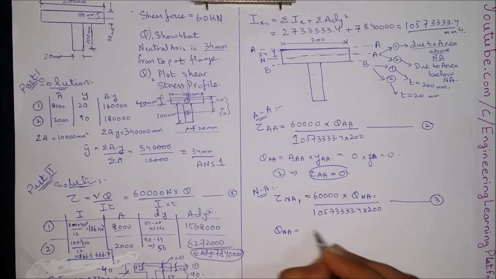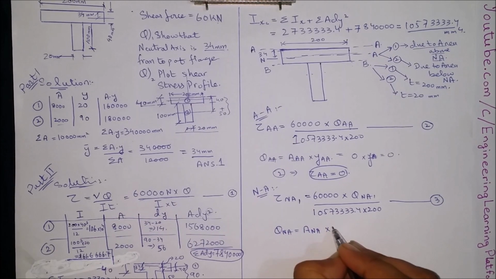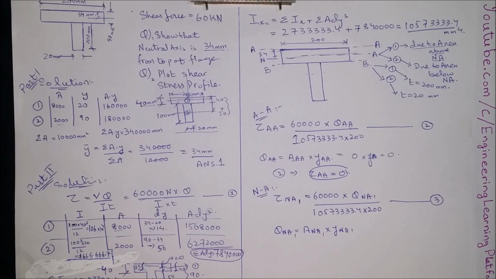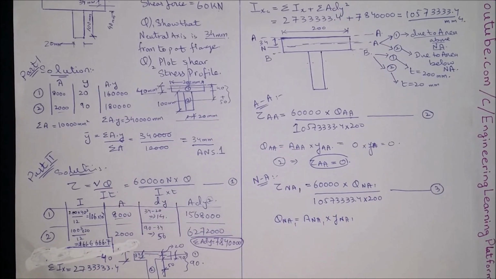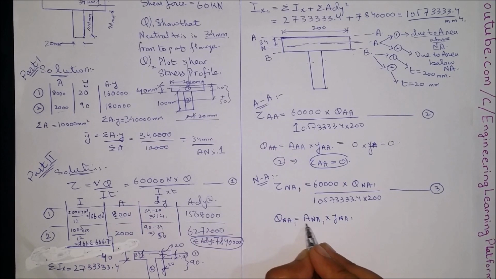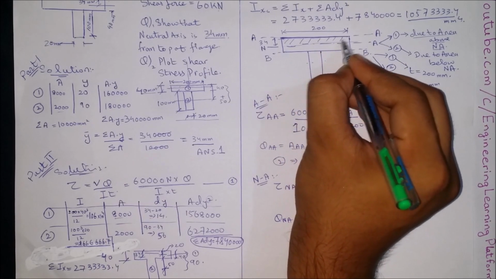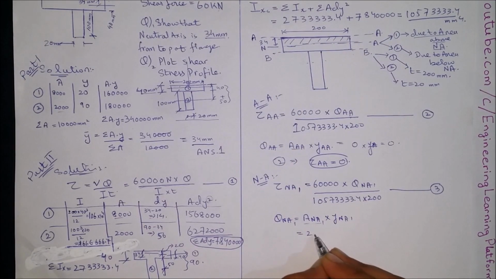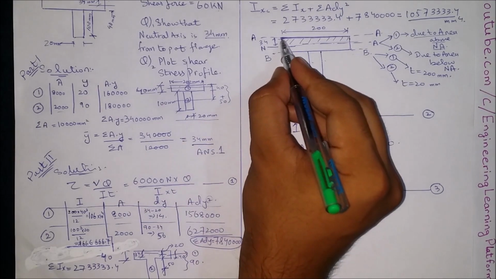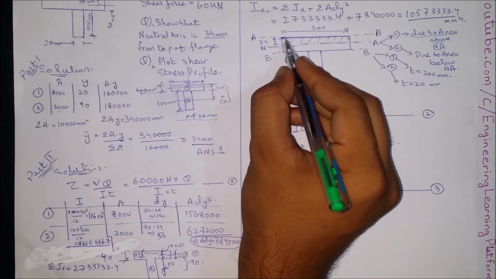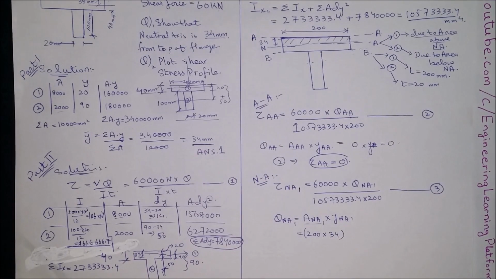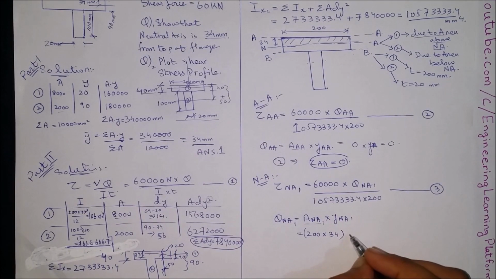QNA is equals to the product of area into lever arm. The area above the neutral axis, that is this one area, is 200 multiplied by 34. That is the depth of neutral axis from the extreme top fiber.